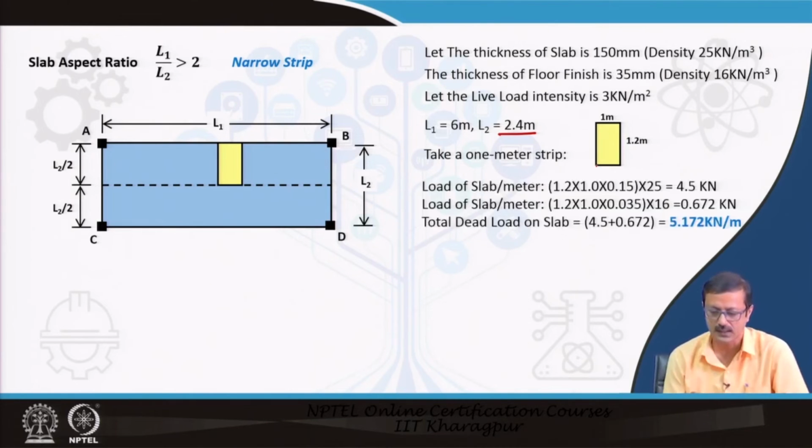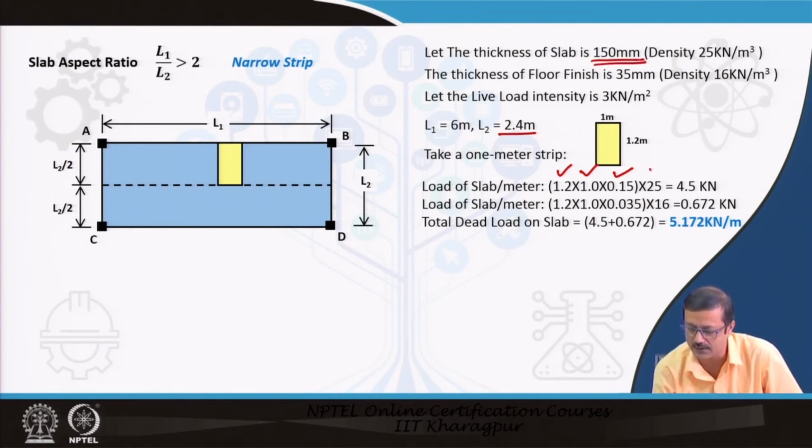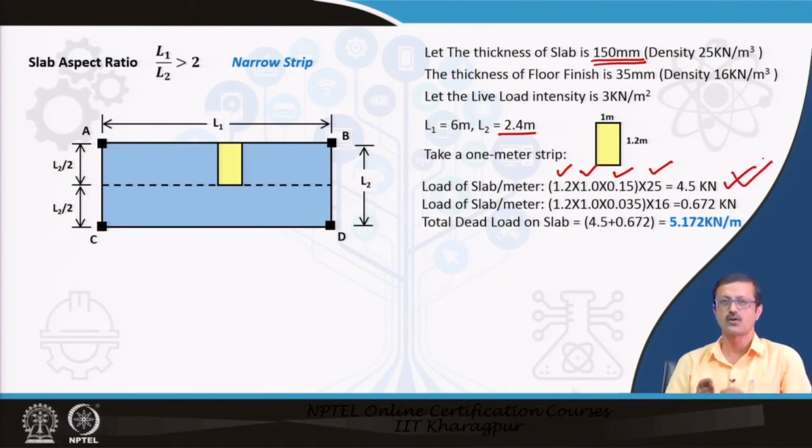First I have found the volume of this: 1.2 into 1 into 0.15, since 150 mm is the thickness, and I multiplied it with the density. So, 4.5 kilonewton is the load per 1 meter of that particular strip, and this equivalent load of 4.5 kilonewton is applied on one beam.